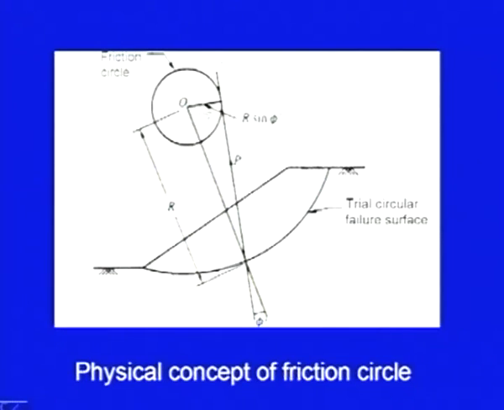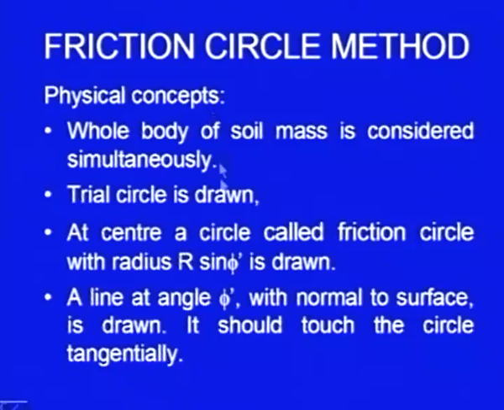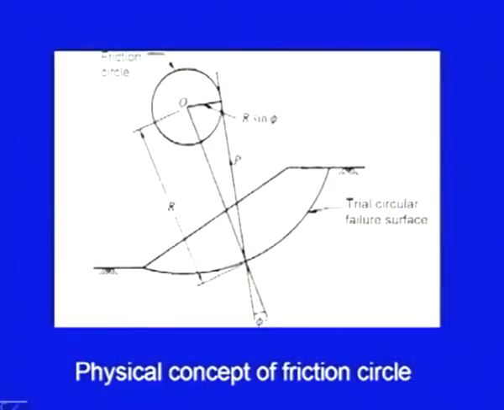We have taken the radius of the circle as r sin phi dash, and this distance is r, this angle is phi dash, and this triangle is a right angle triangle. So, automatically this becomes r sin phi dash. So, if a line at an angle phi dash with the normal to the surface is drawn, it should touch the circle tangentially. Mathematically, we can very easily prove it. This circle is called the friction circle.